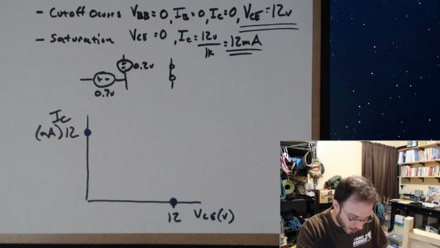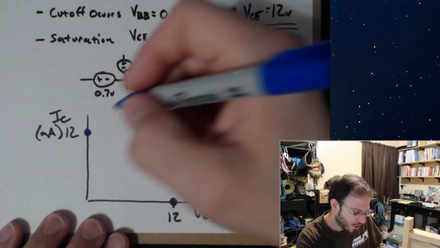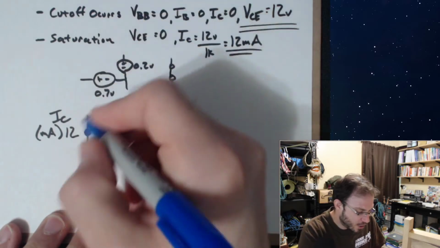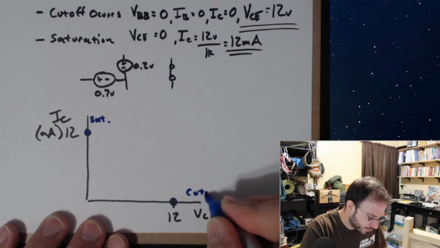Okay, so now we can draw a line from our collector, from our saturation. Let's write that in here. Saturation and cutoff.